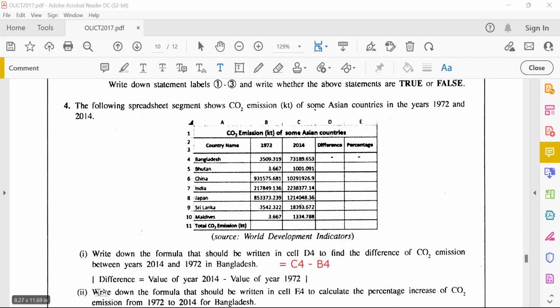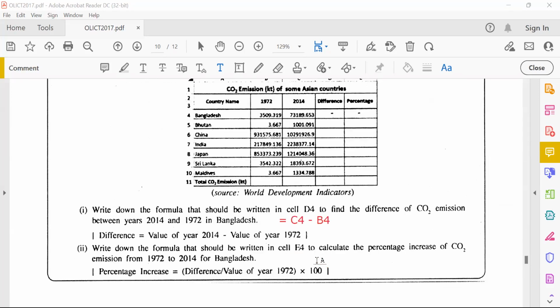Right, next one. Write down the formula that should be written in cell E4 to calculate the percentage increase of CO2 emission.